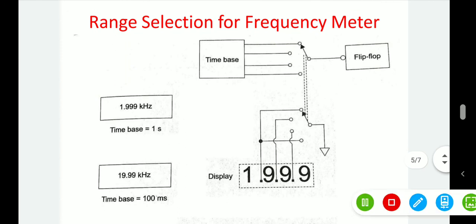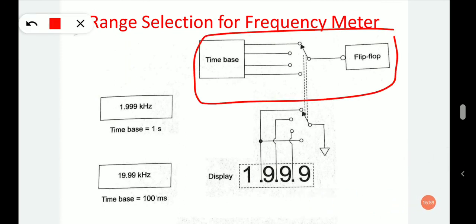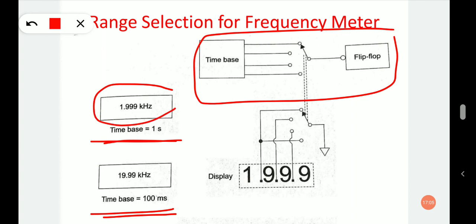Then range selection for the frequency meter. Here the time base with flip-flop is given for a particular time period or time base. The display shows the value with unit, in hertz or kilohertz, with or without decimal point.